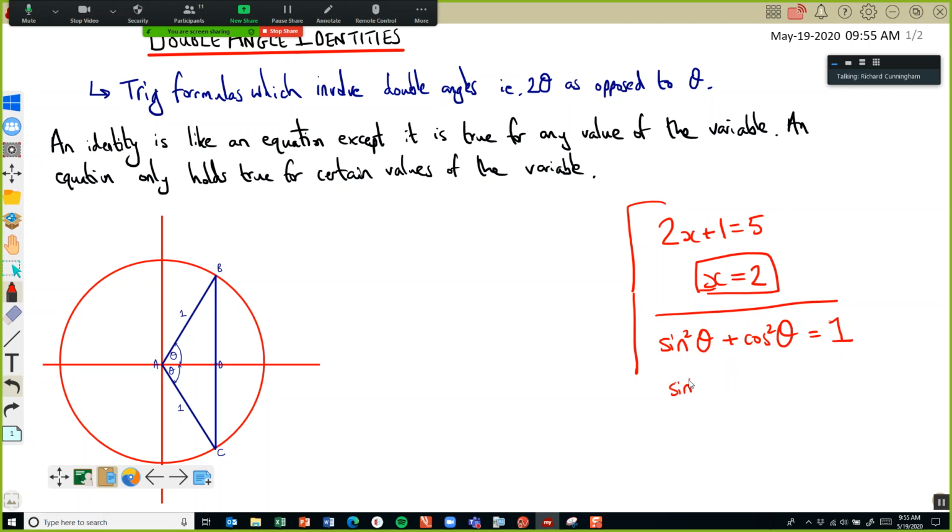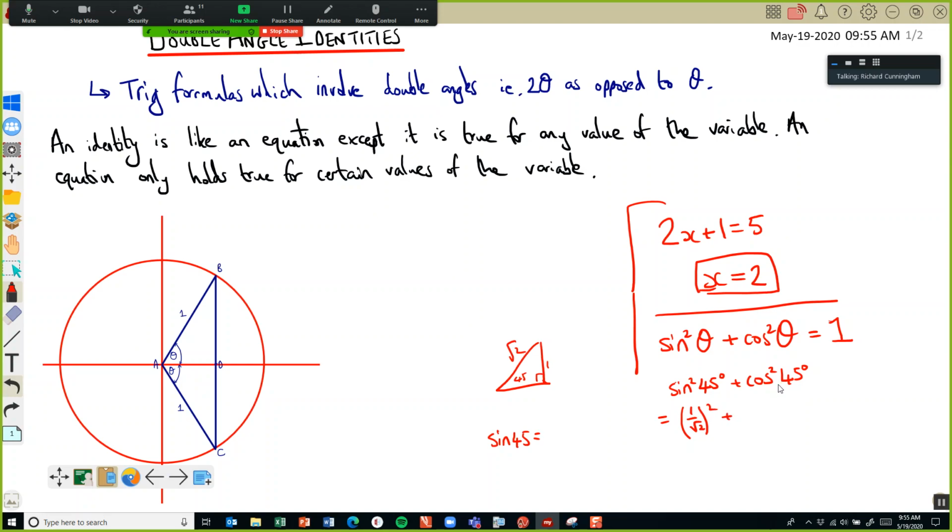If I was to put in, let's say, 45 degrees, what's sine of 45? Opposite over hypotenuse, 1 over root 2. So sine of 45 is 1 over root 2, so sine squared is 1 over root 2 all squared.